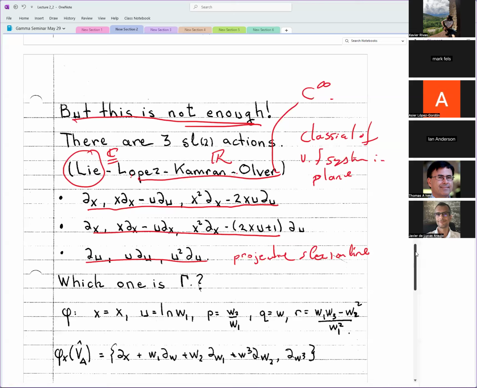Could you say your comment again, that there are more possible actions? Yes, even on the real line. It's always said that every Lie algebra of vector fields on the real line, at a generic point, up to a change of variable is diffeomorphic to an SL2 Lie algebra or a subalgebra of it. But for analytic ones, sorry, if you consider Lie algebras of smooth vector fields, it's not true anymore.